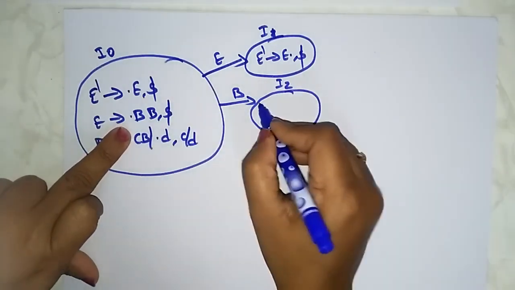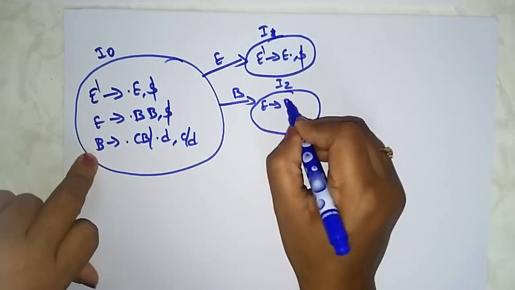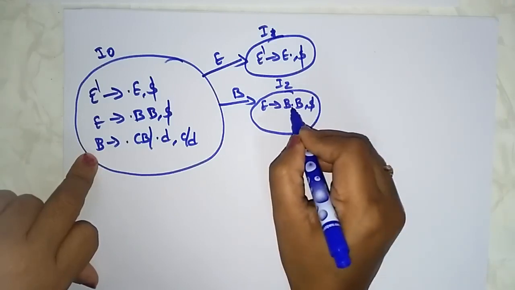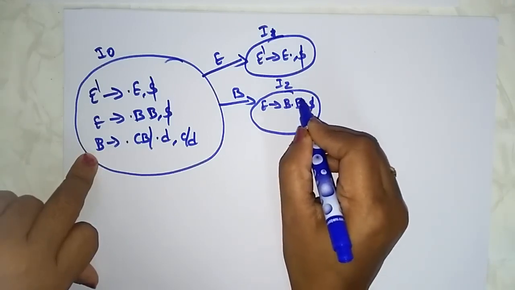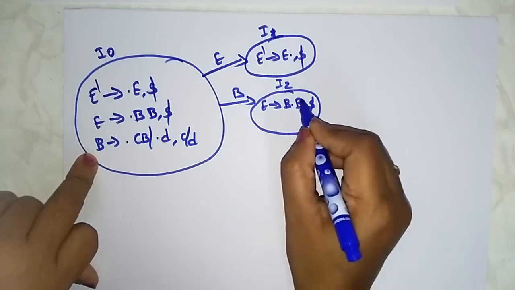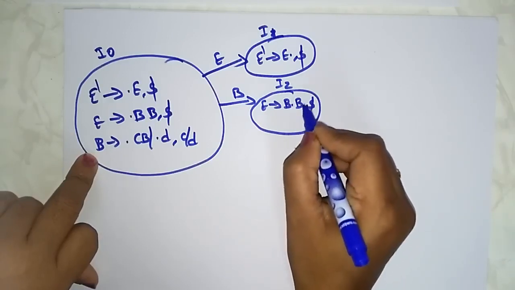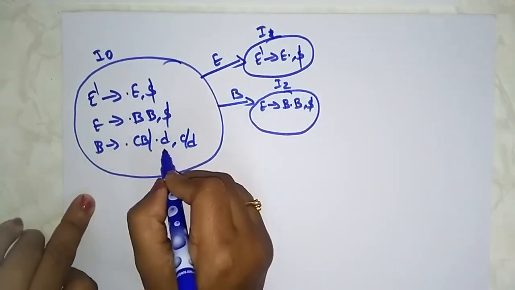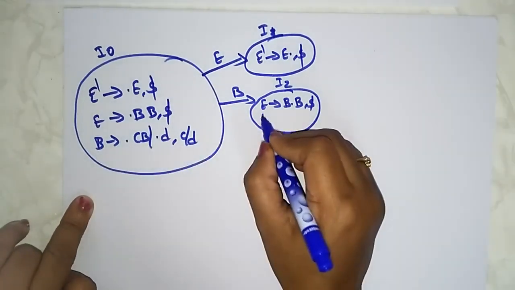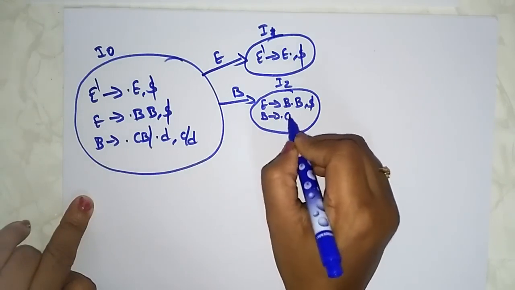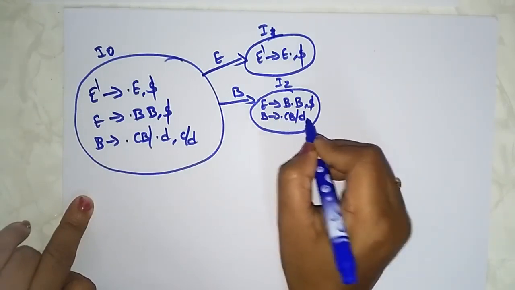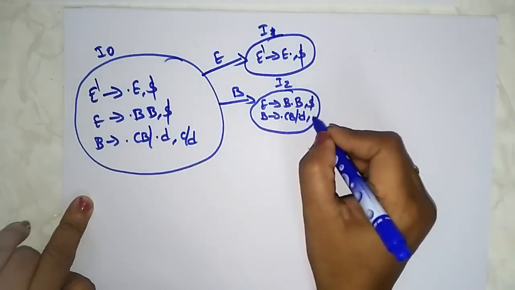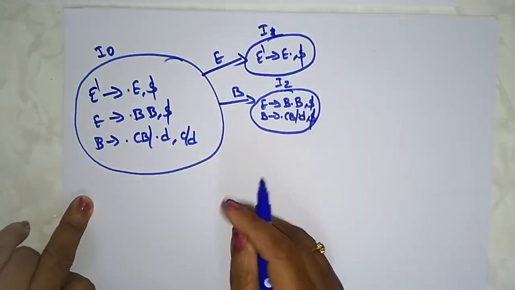I2: E determines B dot B, comma, dollar. So after dot there is again B, so you need to write all the productions for this non-terminal. The productions for this non-terminal are B determines dot CB and dot D. Only write the productions for this non-terminal and just copy the dollar.